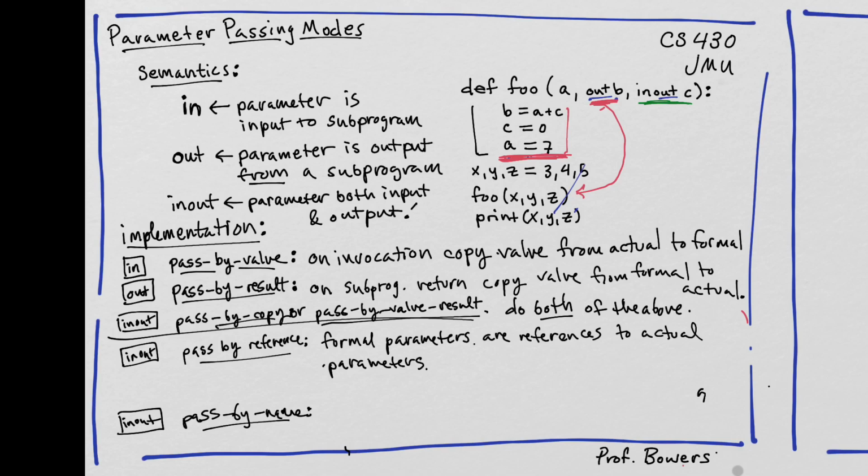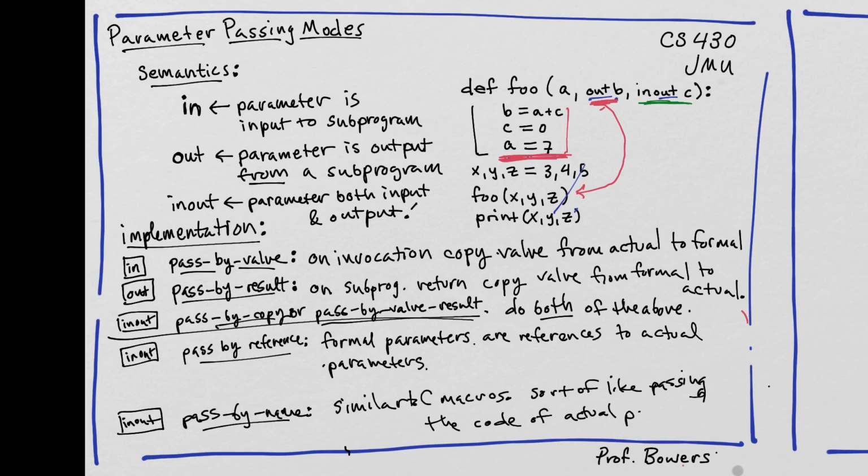It's not quite copy and paste, but it's very similar to C macros, if you're familiar with C macros, and sort of like passing the code of the actual parameter into the formal. And we'll see what that looks like in a moment.